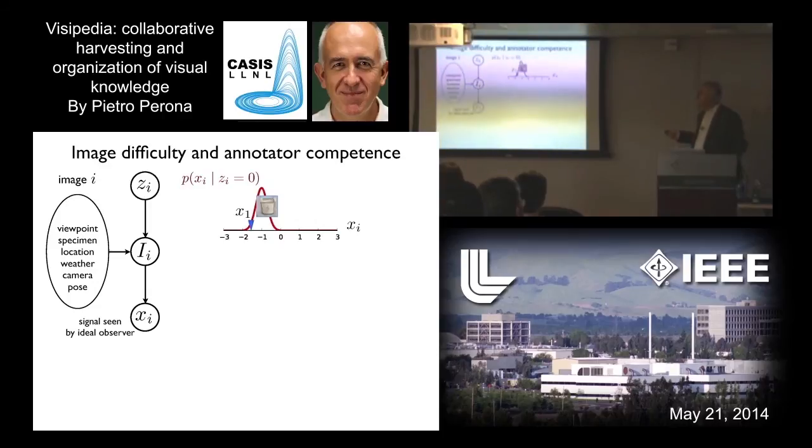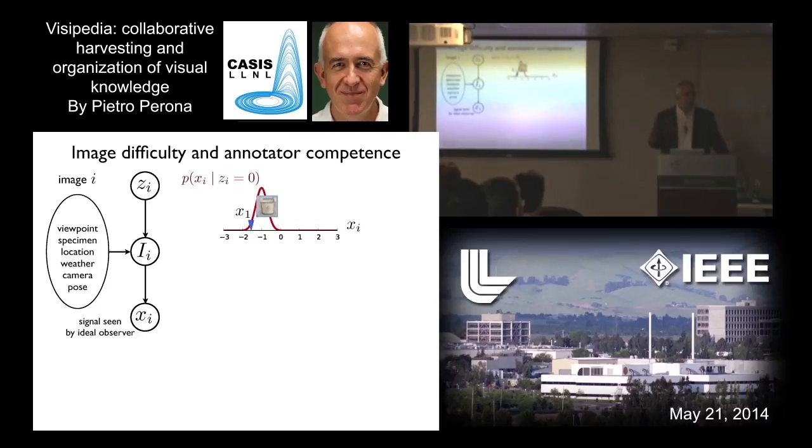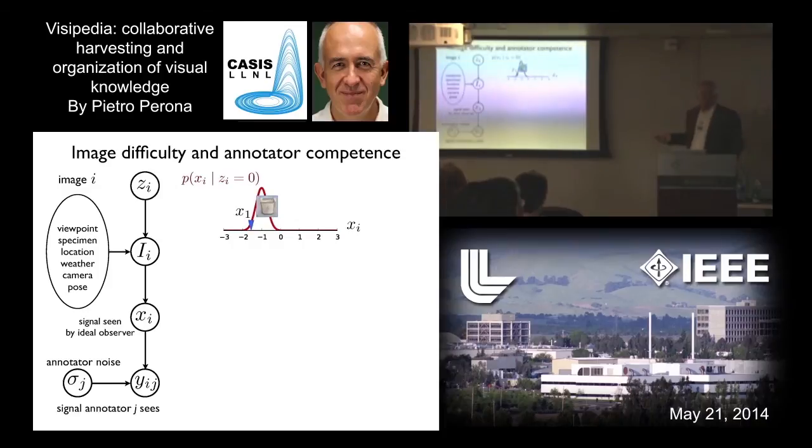Now, we need one more step, because not everybody is the ideal observer. All the observers we will hire will be non-ideal observers, and so the measurements in their head will be corrupted. Let's call them Yij, where I is the index of the image and J is the index of the observer. Each observer has some noise in their head that corrupts their measurements.